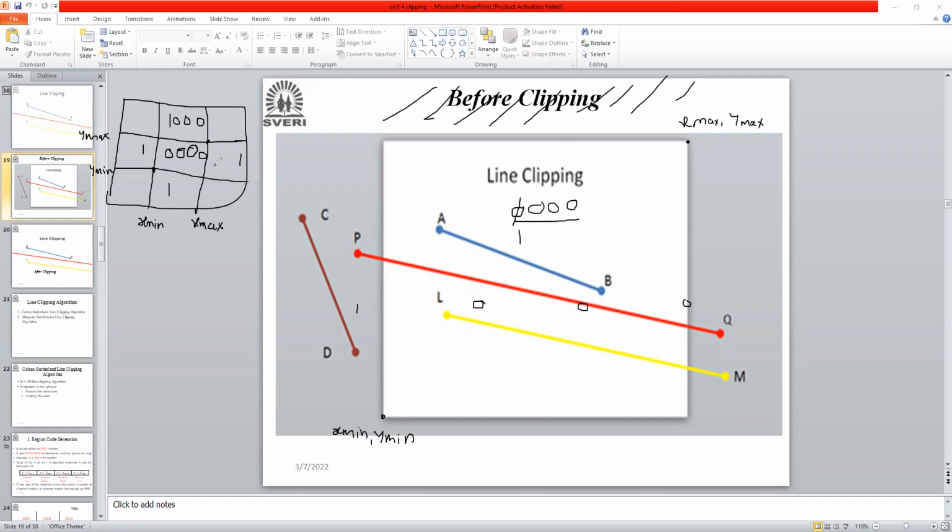Then I will have the left hand side of the window. So this is your window, and on this left, if your region is on the left hand side of the window, we are going to set the first bit, that is the LSB, equal to 1, and the remaining 3 bits will be 0.